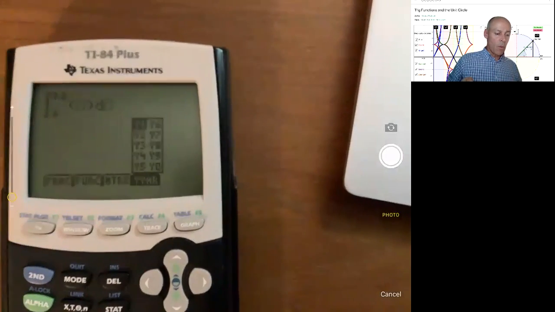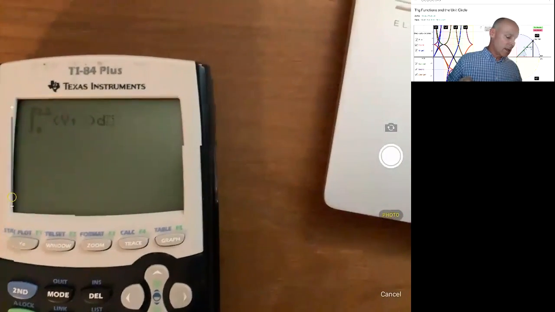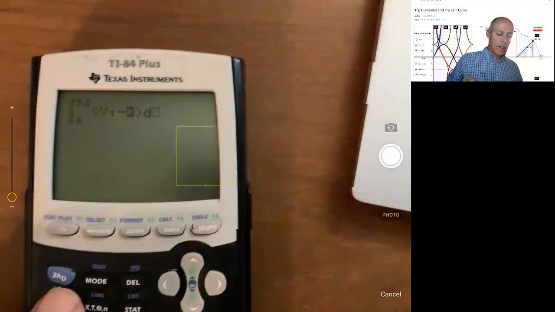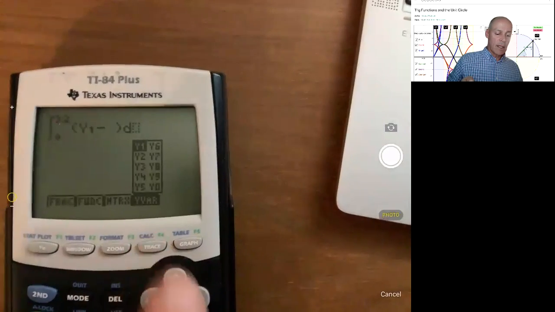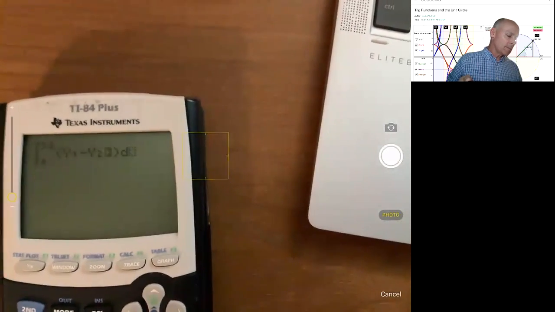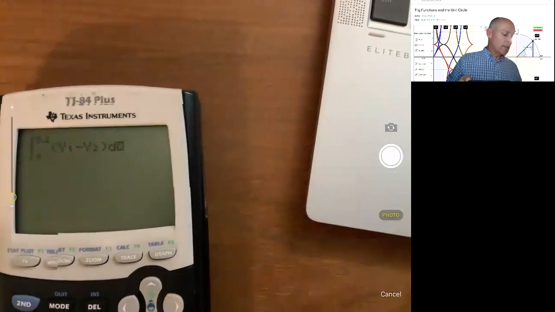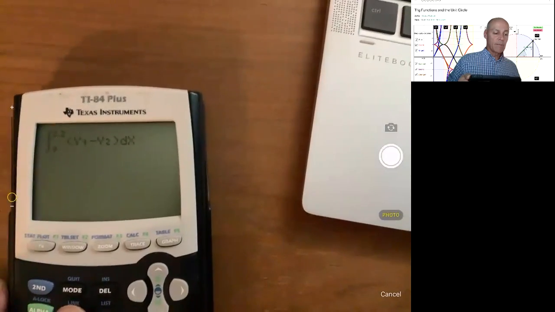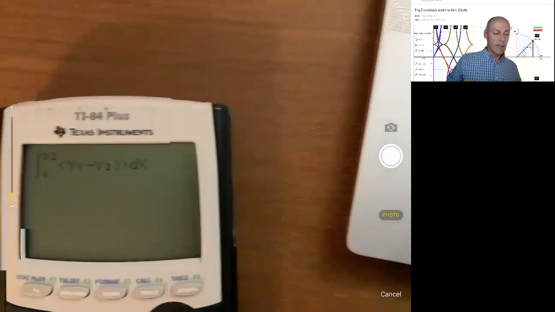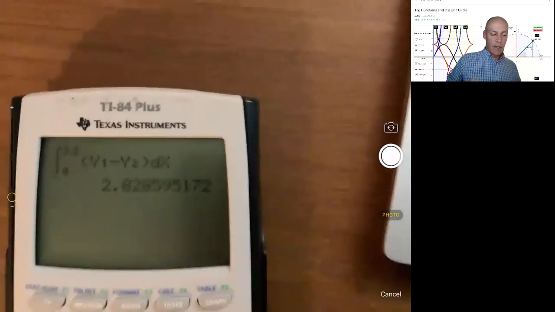Okay, so I'm going to do y1. I just select that, and that's what it's on right now. So enter, and then minus, and then I do that again, bring up alpha, and then trace, and I arrow down to y2 this time, and then hit enter. Okay, then I have to move right arrow again, and then I need to put dx, my differential. Okay, then I'm going to hit enter, and the calculator is going to calculate my definite integral. Okay.